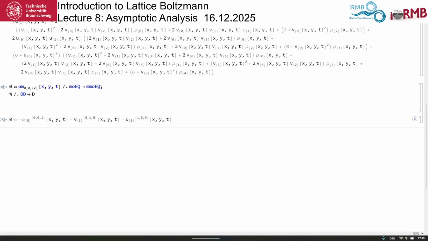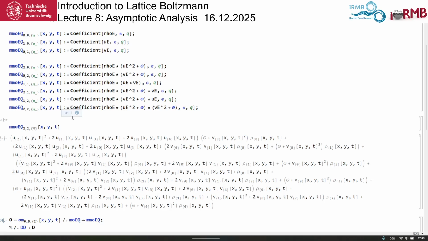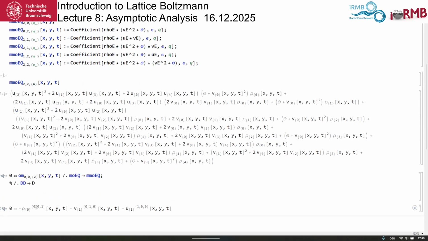replaced by D. And now what comes out is the divergence. So now we have a little bit of a problem. We take a time derivative of rho 0. Now we've decided to say that rho 0 is actually a constant.